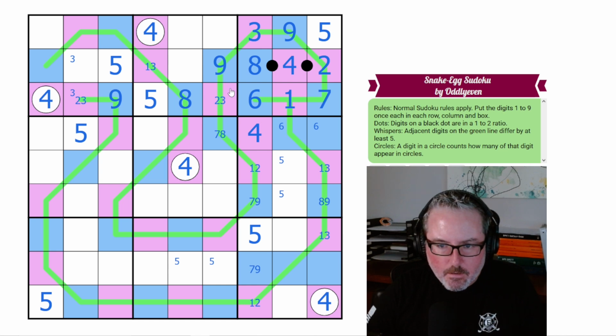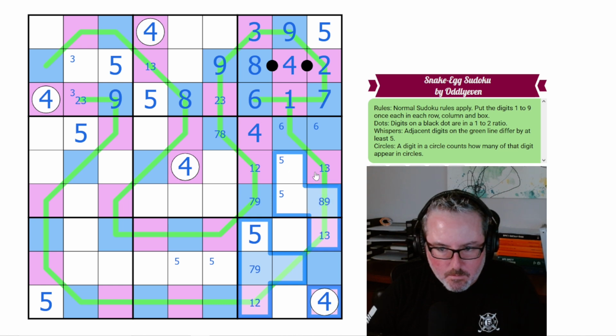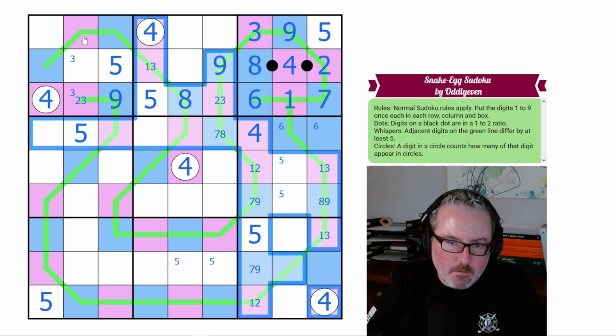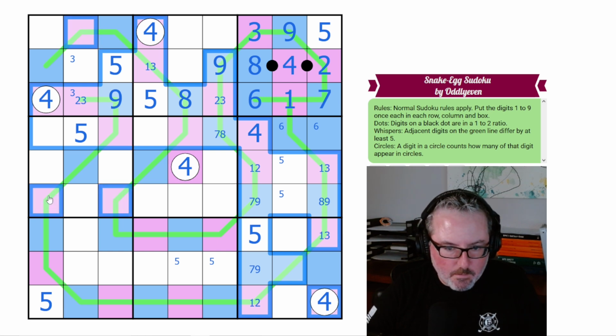Now, is there anything we can do further with 6s and 9s now that we've got a little bit more purchase on this in terms of where they can go? Looking at 6s first. I don't really think so. None of those could be 6, same with here.